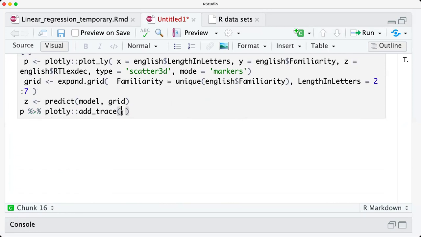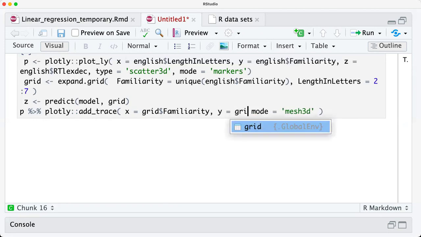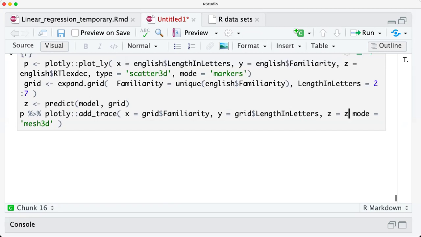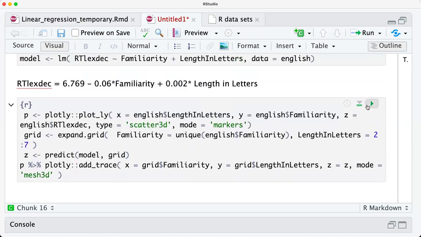Now I have to add the trace as a 3D mesh where X is the first component of the grid, so familiarity, the Y is the second component of the grid, which is length in letters, and the Z is the Z. Now this should give me also the plane.